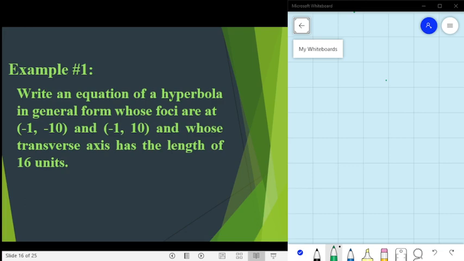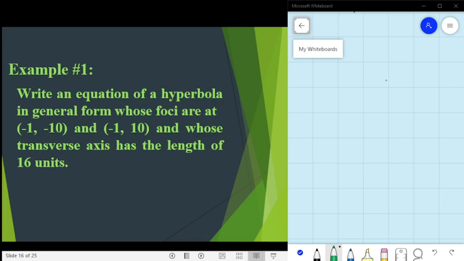So example number 1 is we are going to write an equation of a hyperbola in general form whose foci are at -1, -10, and -1, 10, and whose transverse axis has the length of 16 units.